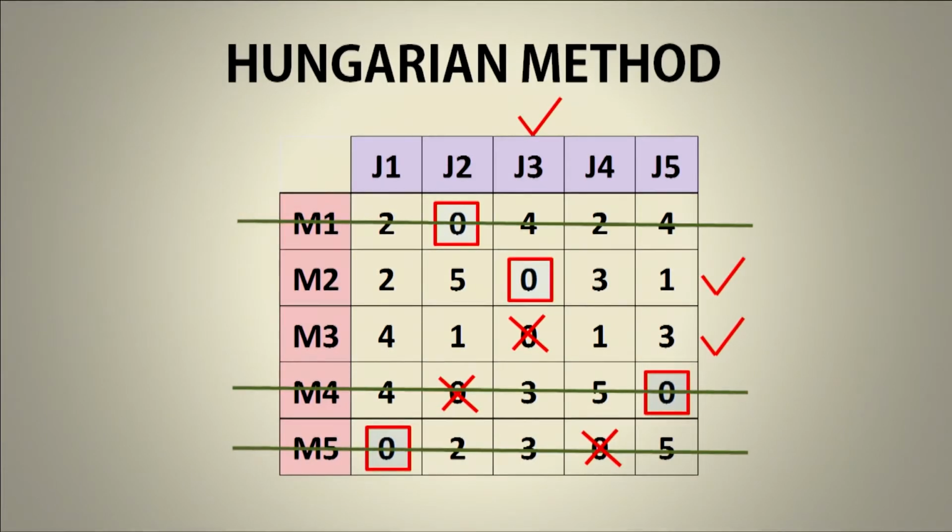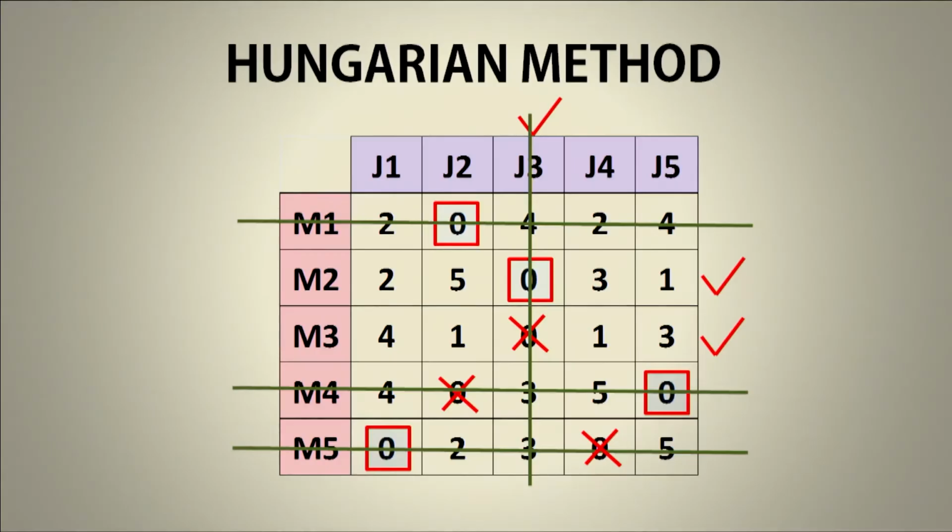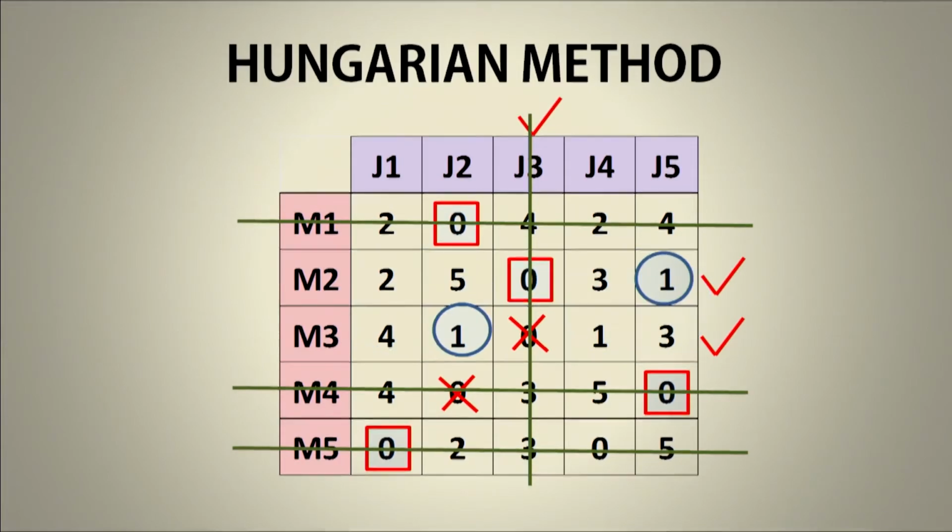Column wise, cover the columns having tick marks. Now choose the numbers which are not covered by the lines. Select the least number among these numbers, that is, 1 is the least number.